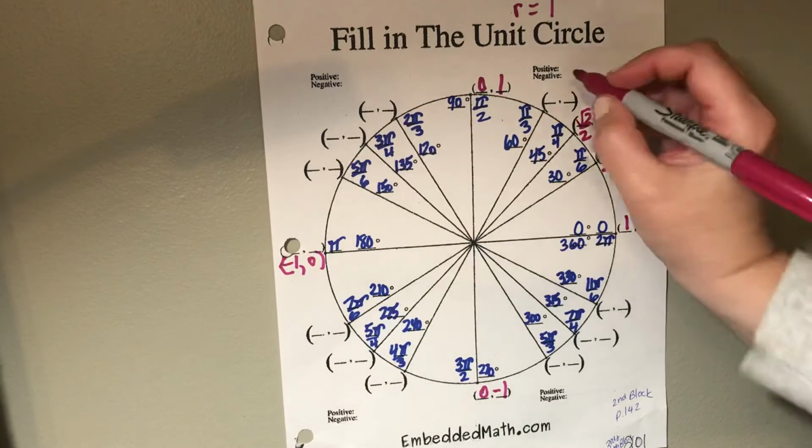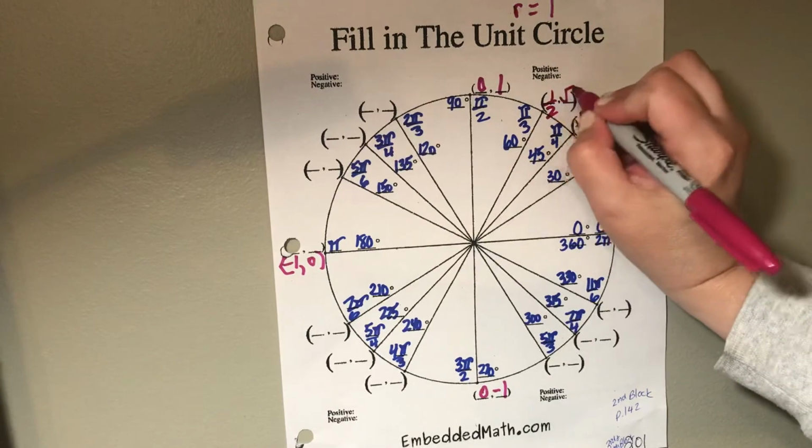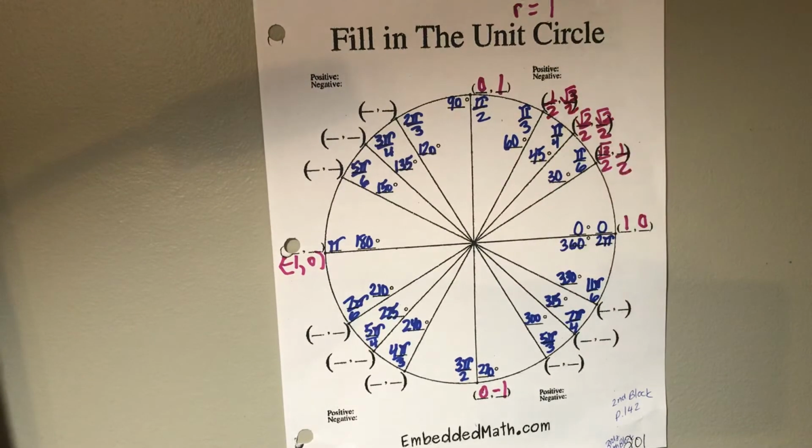So 60 degrees is 1/2 and the square root of 3 over 2. If you go on to take pre-calculus or college algebra, this unit circle will have to be memorized, but it's not as bad as it looks, because now that you've done all that, you are going to line things up to finish filling this in.